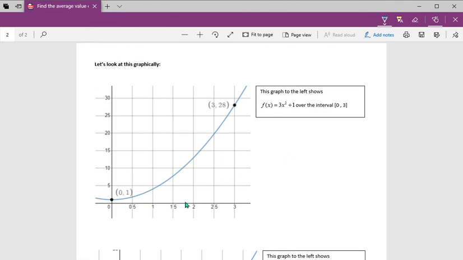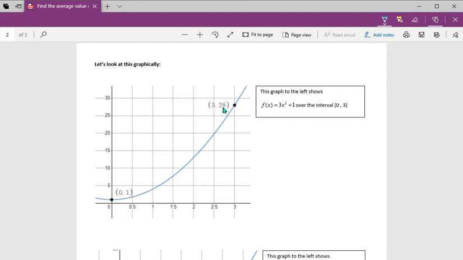So what we have here is part of our function, 3x squared plus 1. I marked off the endpoints of the interval. When x is 0, y is 1. When x is 3, y is 28. So the smallest y value is 1, biggest y value is 28.